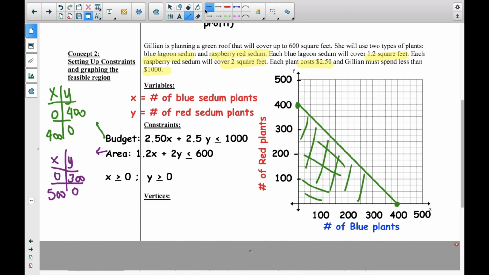Okay, the other inequality goes 300 on the y-axis down to 500 on the x-axis, and so that also is less than. So I'm going to put my points here at 300 and 500. It is less than, which means that it is in this area.